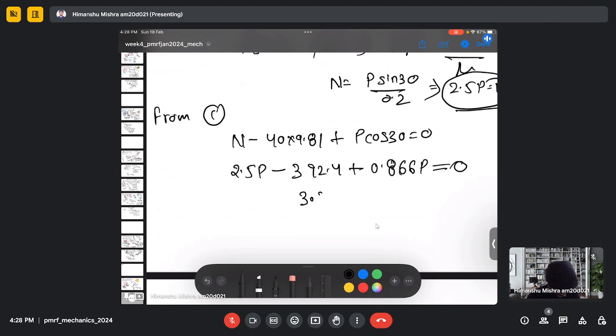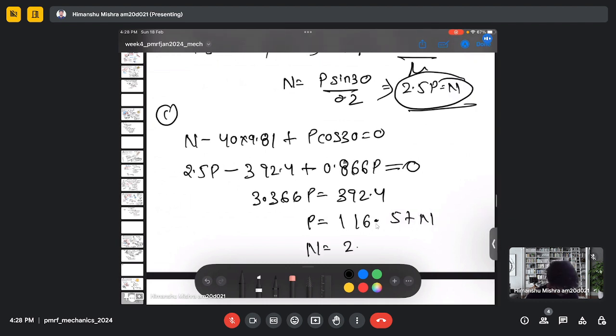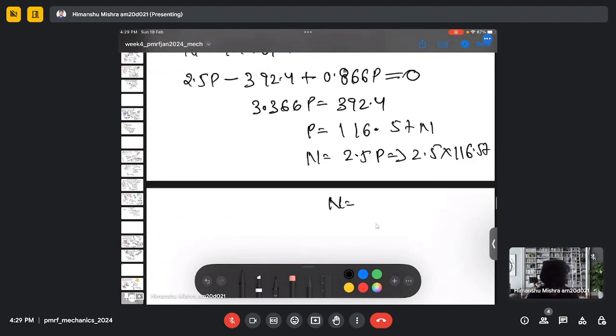So this will be 3.366 P equal to 392.4. So my P will be 116.57 Newton. And if N is 2.5 P, then my N will be 2.5 multiplied by 116.57. So my normal reaction will be 291.443 Newton.